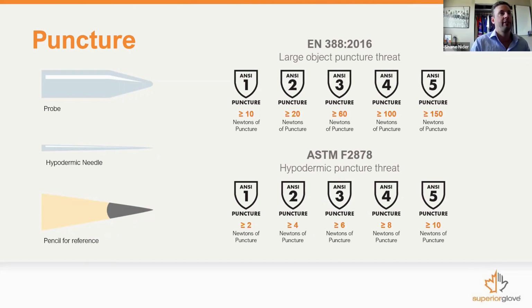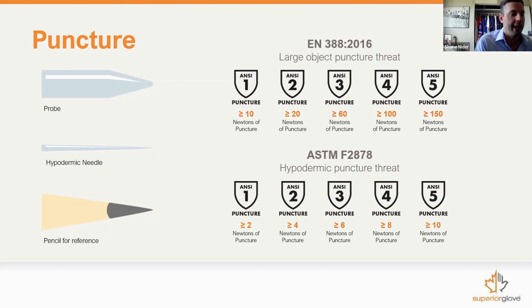That's things like rebar, nails and screws and splinters from wood. When you get into the hypodermic needle threat or the fine object threat, that's when we're talking about that really fine object. The reference here of the hypodermic needle is the test probe we use. That's how fine it is. And so that's why you want to make that clarification.